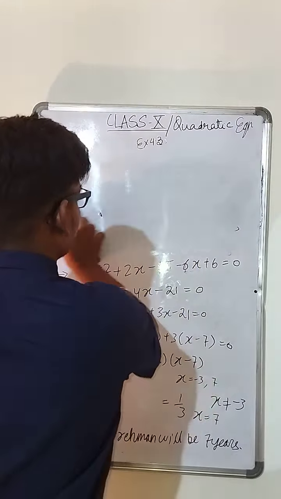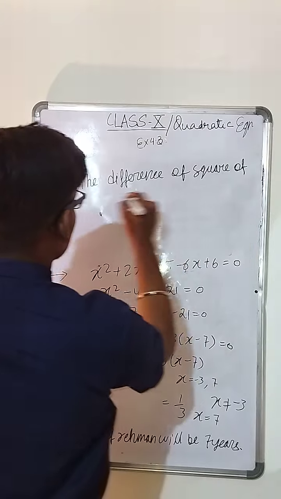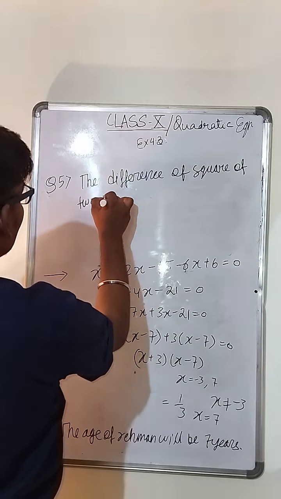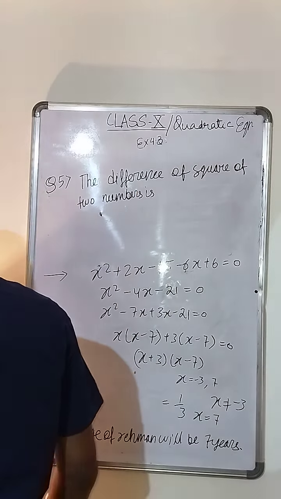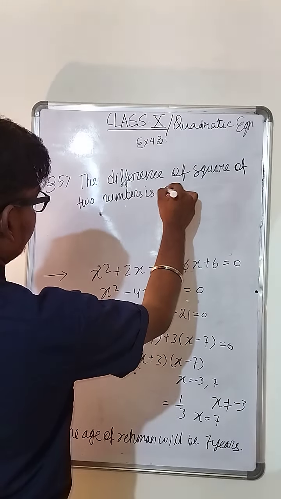The difference of the squares of two numbers is 180.